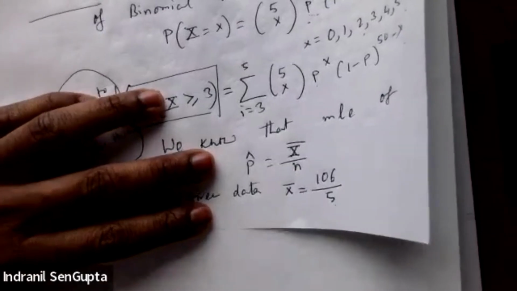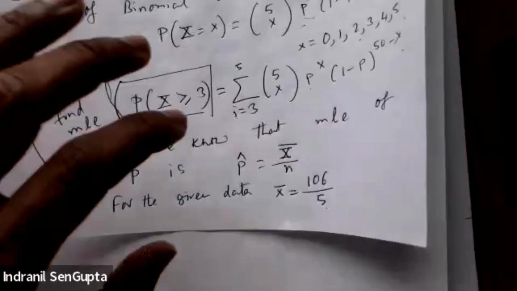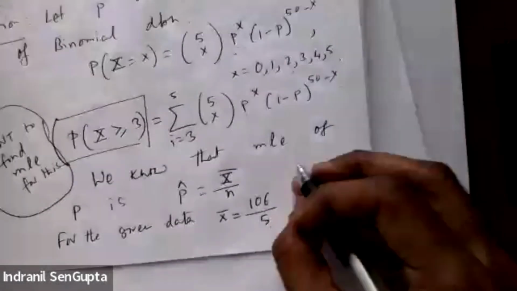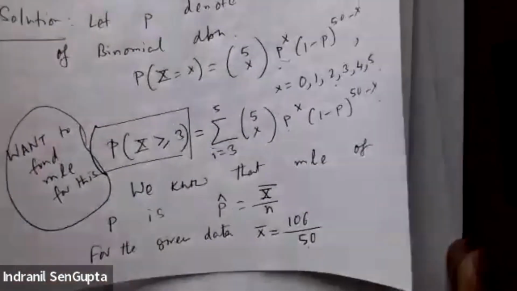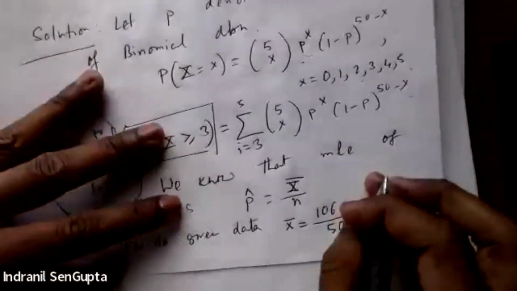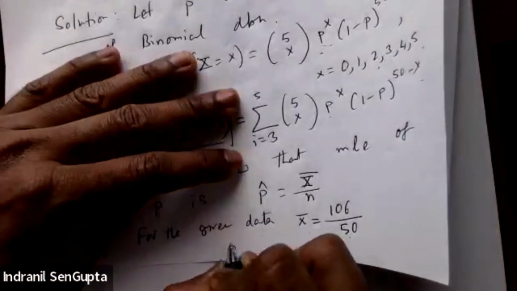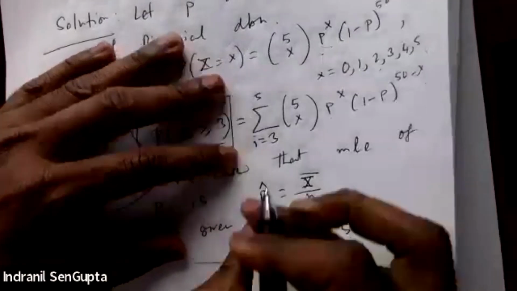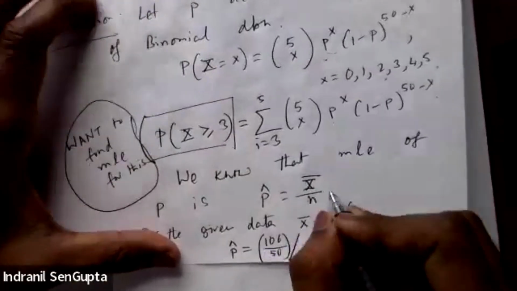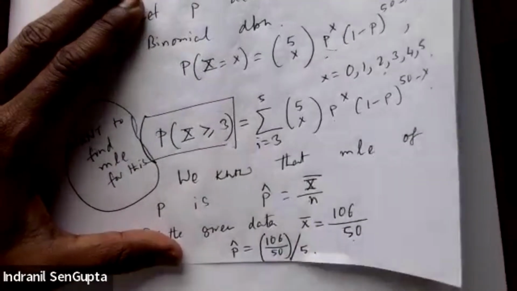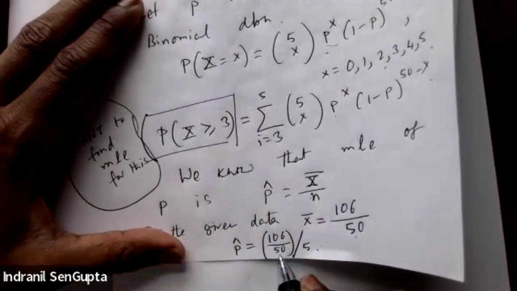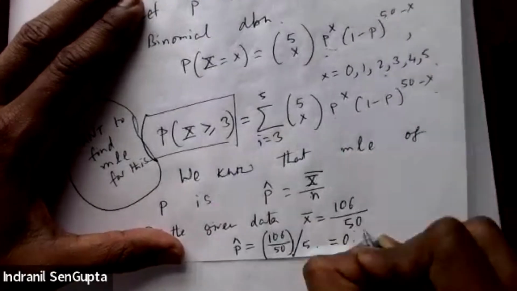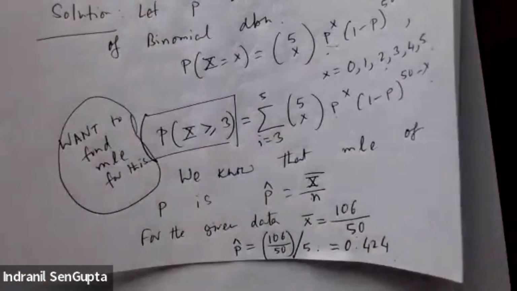Basically we are just multiplying and adding, and the sum of frequencies is 50. So what is the maximum likelihood estimator for p? In this case, p hat would be 106 over 50, and we have to divide by n, where n is 5. So it's 106 over 250, which is approximately 0.424. So that's my p hat.